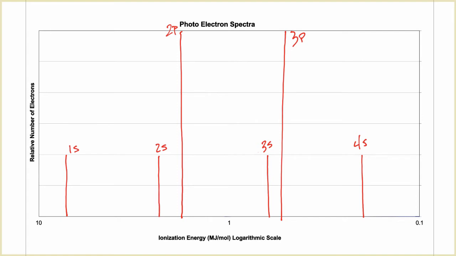The other thing to note, and I think we did this last time in class, is that the first 2 columns, there's only 2 columns here. This represents only 2 electrons. So this represents what sublevel?